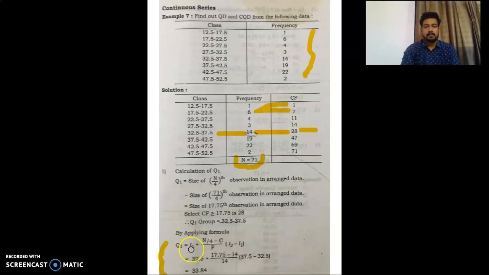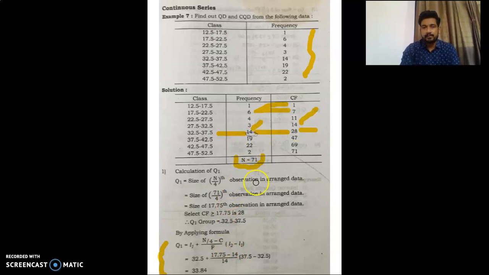L1, the lower limit, that is 32.5, plus n by 4. We already calculated n by 4, so there is no need to calculate again. It is 17.75 minus C, the previous cumulative frequency, which is 14, divided by the original frequency, which is also 14.